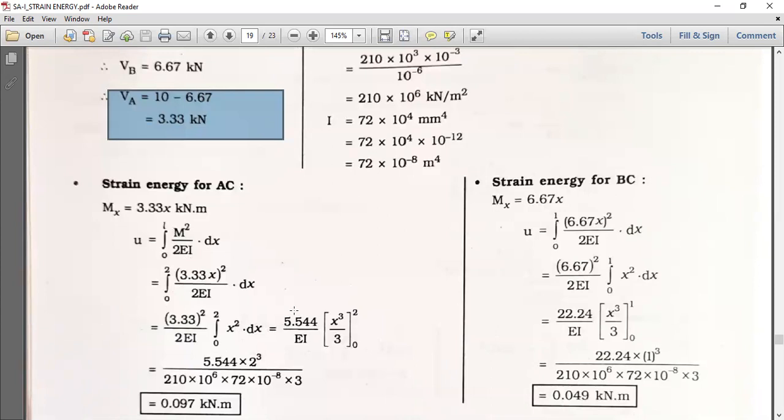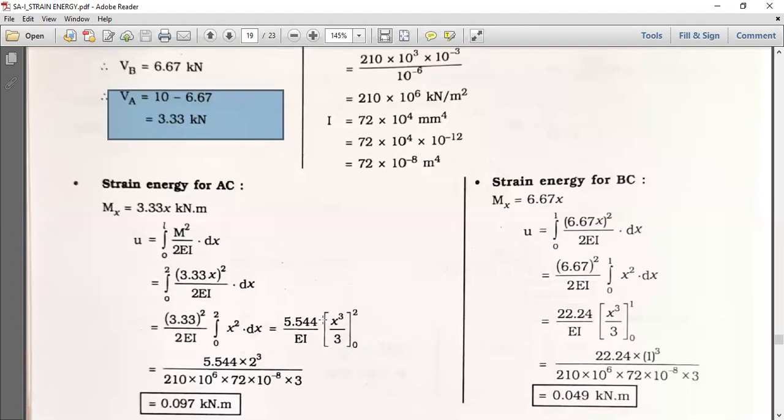We simplify it using the mathematical rule: the integral of x square is x cube divided by 3, with limit 0 to 2.